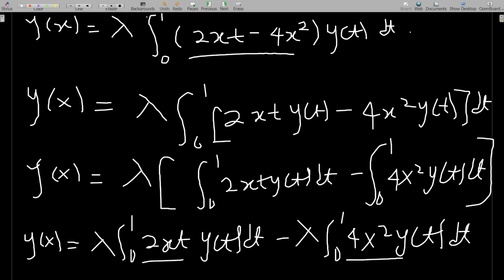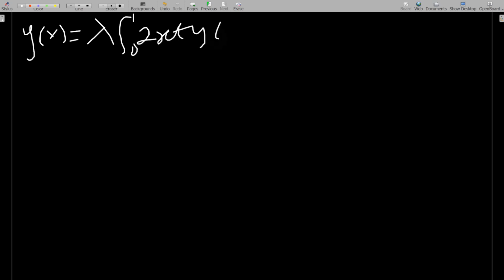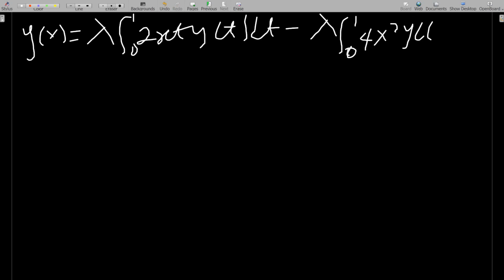So what you do is you write y of x being equal to, let me quote it back, lambda into integral from 0 to 1 of 2xt y of t dt, then minus lambda integral from 0 to 1 of 4x squared y of t dt, right? So this is what I have.